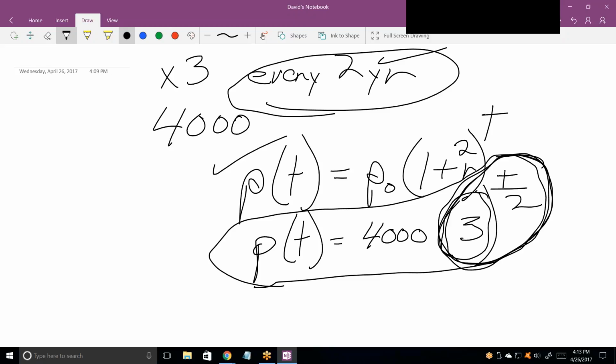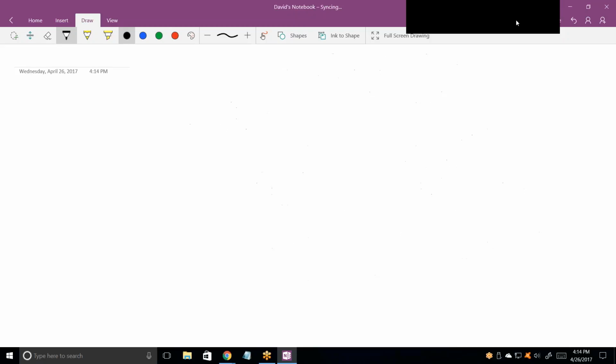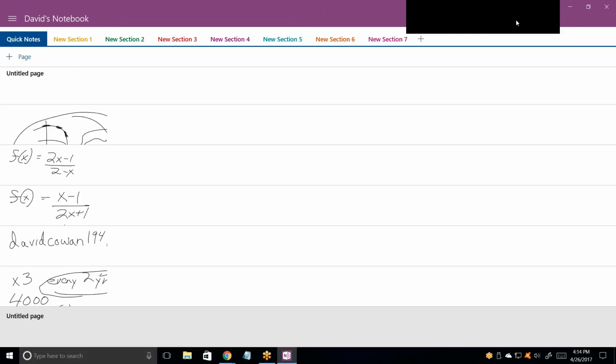In both the last two problems, the previous problem was doing something every 5 minutes, and we divided by 5, and this is doing something every 2 years, so the exponent isn't going to be t, it's going to be t divided by 2. Which makes sense. Was there another part to that question? No, that was it.